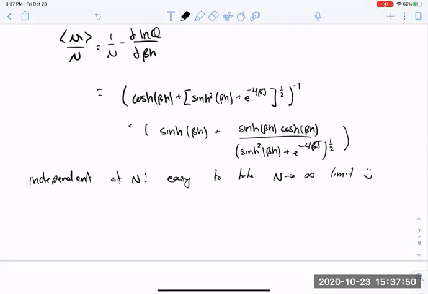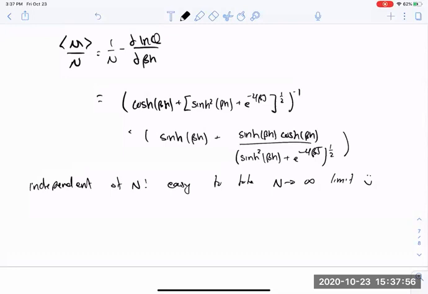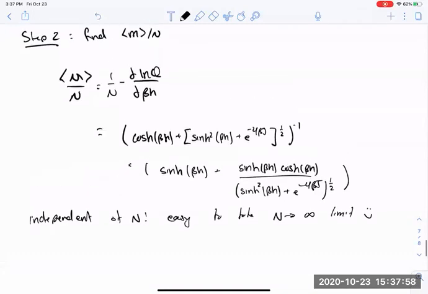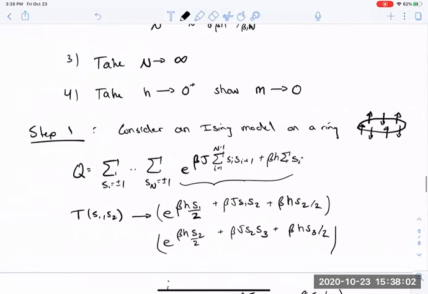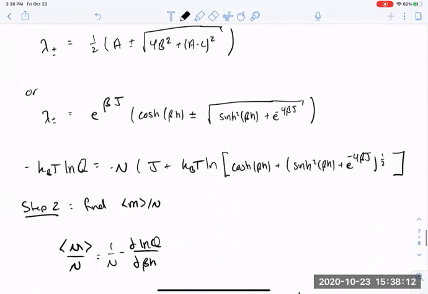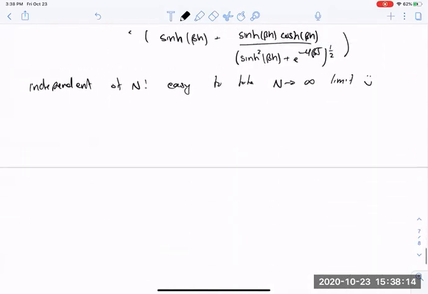So at least that part of the calculation is straightforward. All right, now we need to take, so what was step 4? Step 4 told us to take the limit of h going to 0, and we should be able to show that m goes to 0 if it does not break symmetry. It would go to something finite if it did.